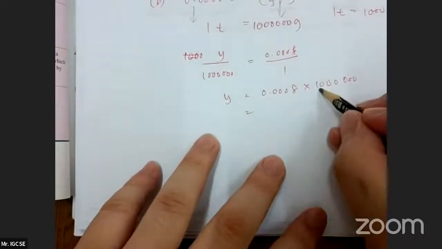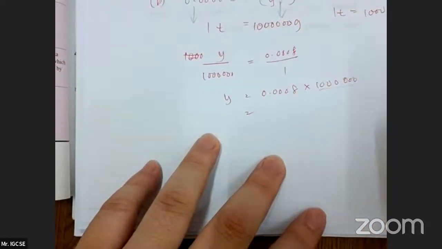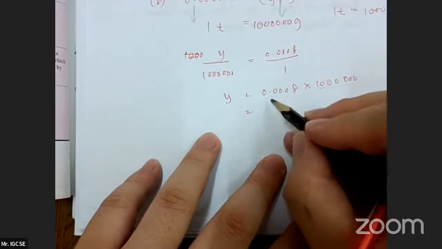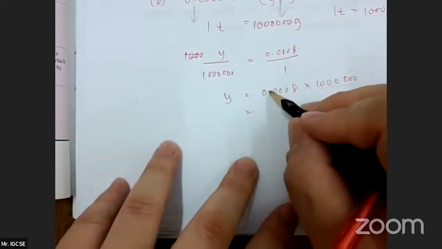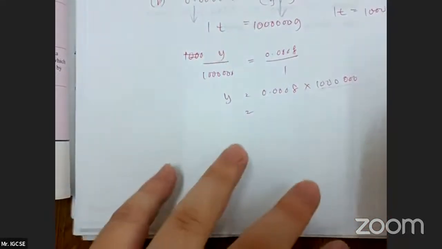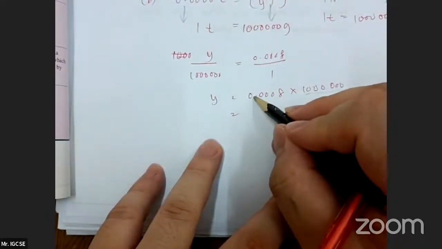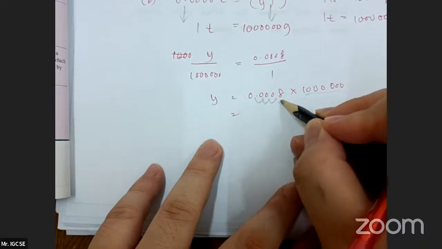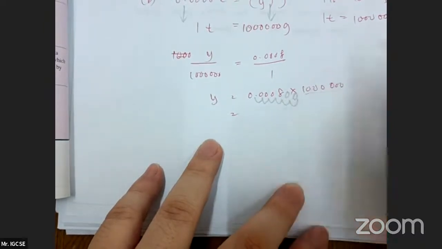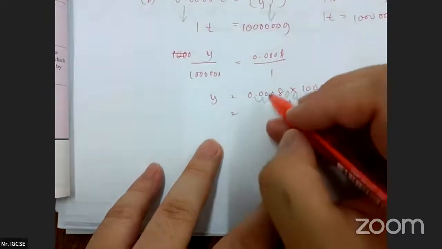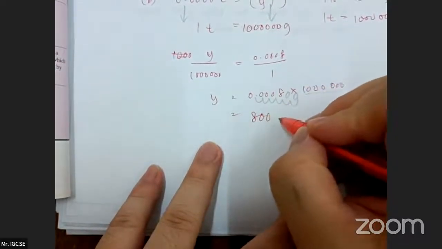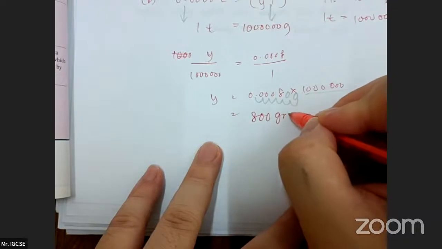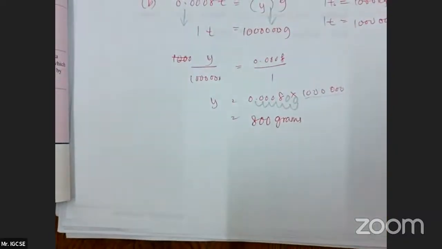To make the number bigger, we need to move the decimal to the right, not to the left. If you move the decimal to the left, it will become even smaller. So we move to the right 1, 2, 3, 4, 5, 6. We need to fill another 2, so it's actually 800 grams.